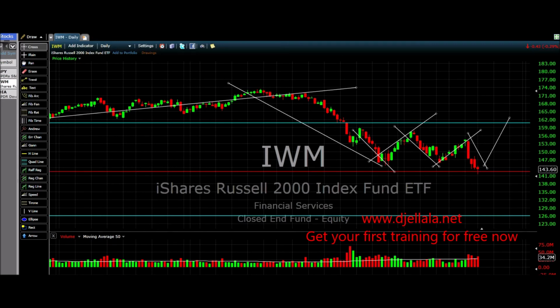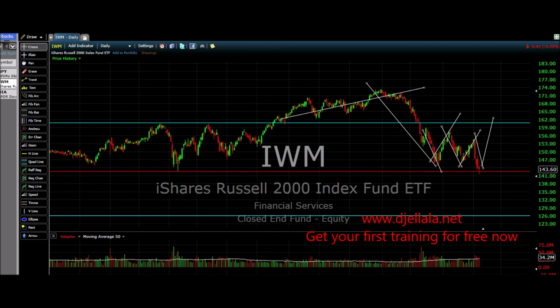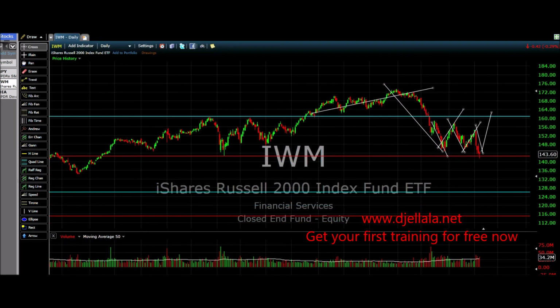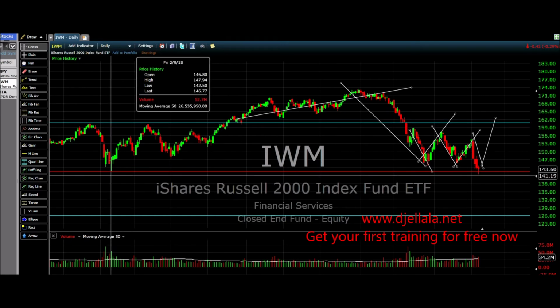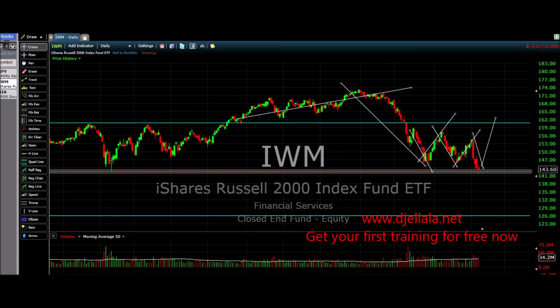And understand that the Russell 2000 touches today the bear market line that I put for what we call the correction. Here is the correction. Here is the low of the correction that I have explained many times since 9 of February. Today the market has gone below, but it goes up.